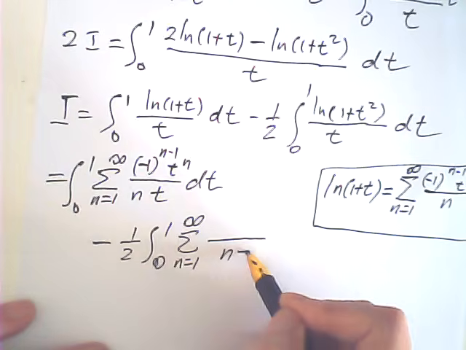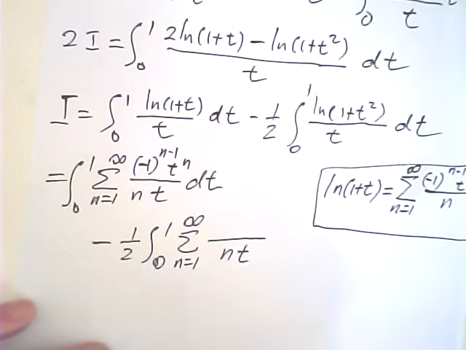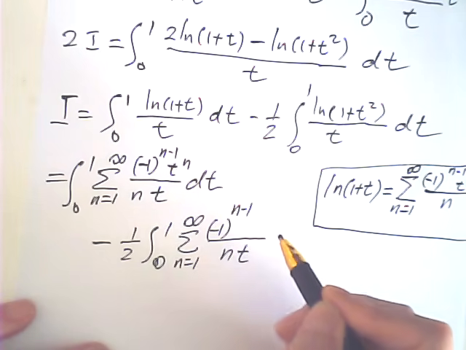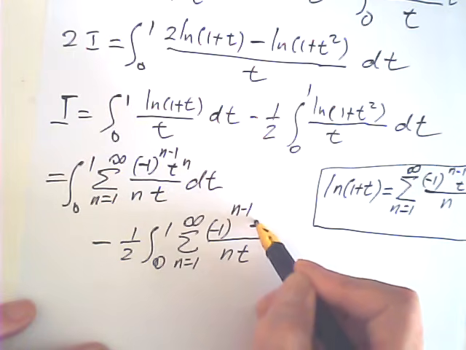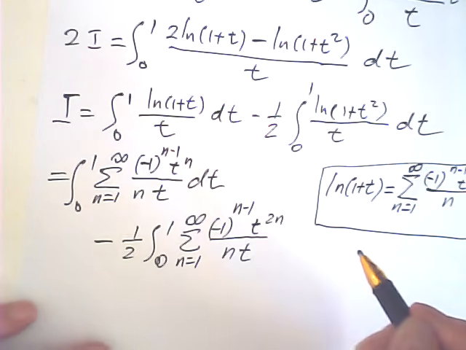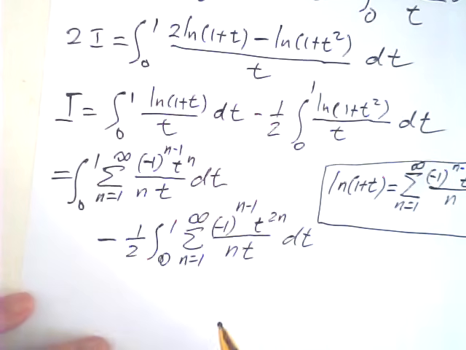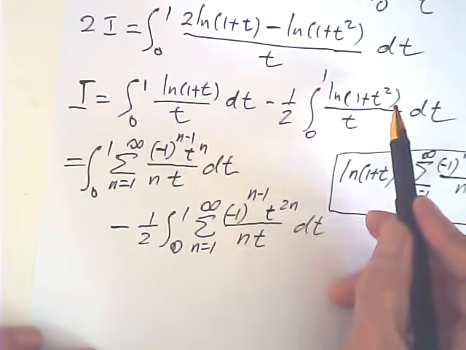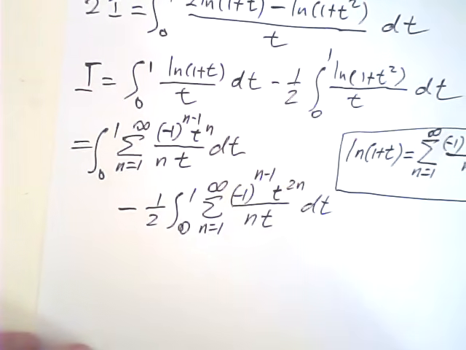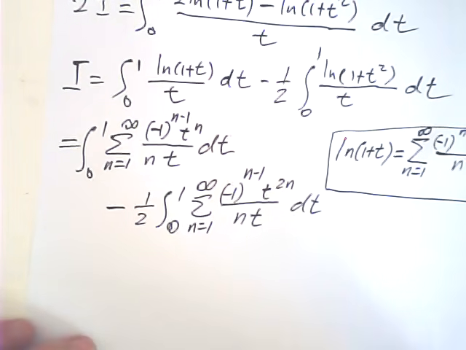This is t, right? For this one, I have a negative 1 to the power n minus 1, t to the 2n. Okay. Because this is t squared. This is t to the 2n. All right.